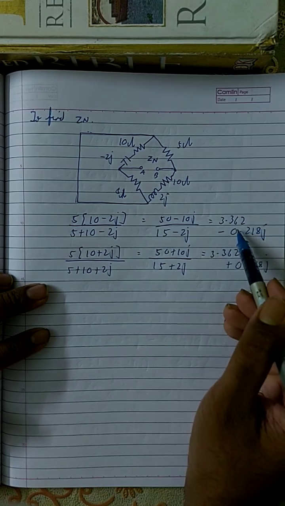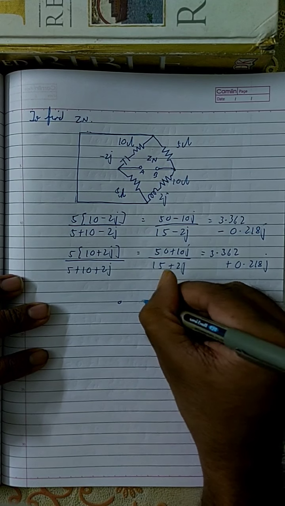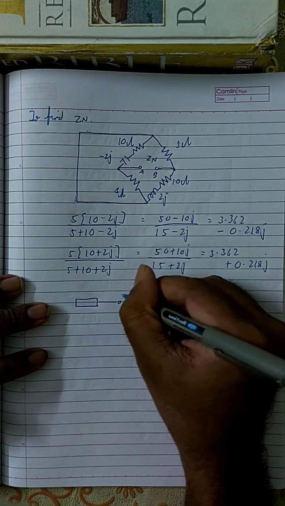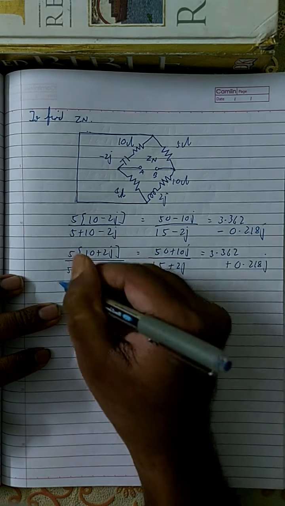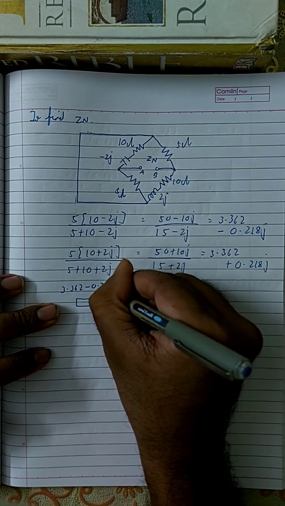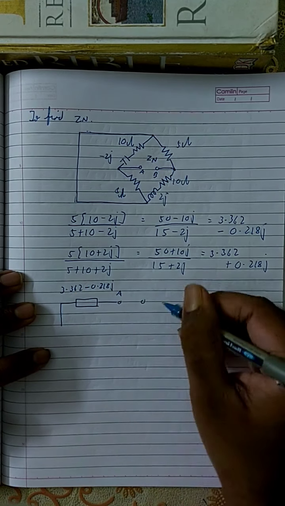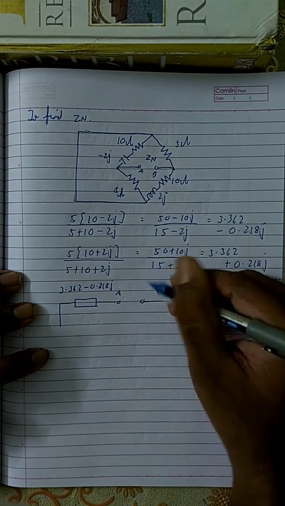This A is connected to this element and this B is connected to this element. So this is A, and the impedance value of this is 3.362 minus 0.218J. And as for here, B is connected to this impedance, this one over here.